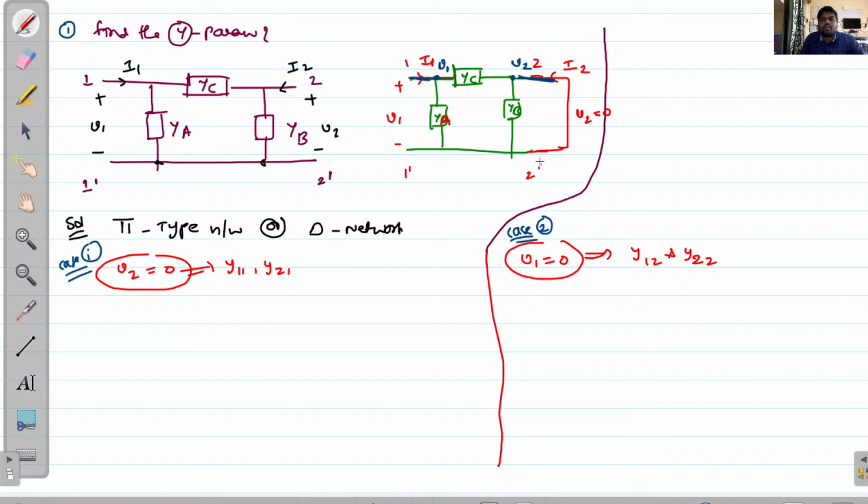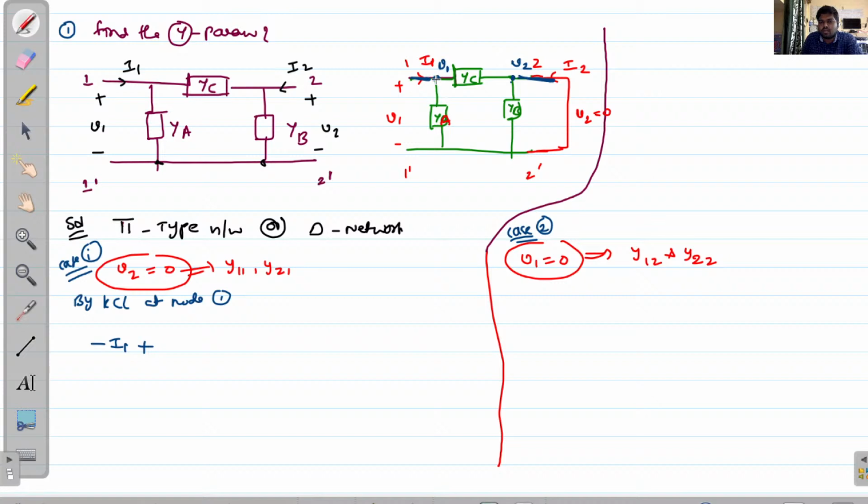Now you can apply KCL at this node and at this node. First, KCL at node 1. The current I1 is entering, so I am taking minus I1 plus the second current leaving from this particular branch. We don't have any directions here, so this node voltage is superior.